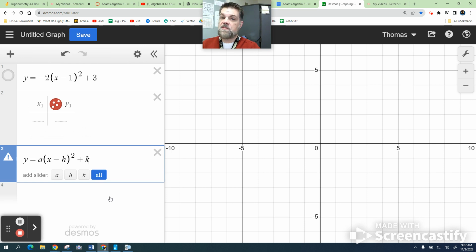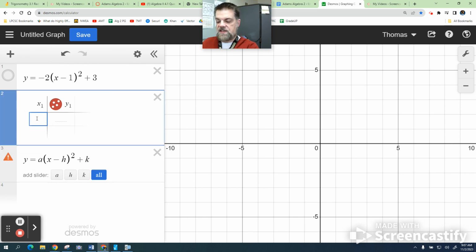Well, the formula has a minus sign in it, right? So remember that if I put -1 in here, then it's a +1, right? Now, what is the k value? 3. So this vertex should be right here.